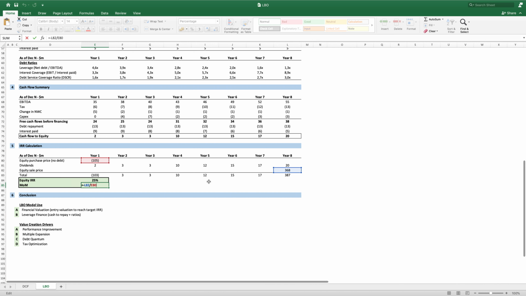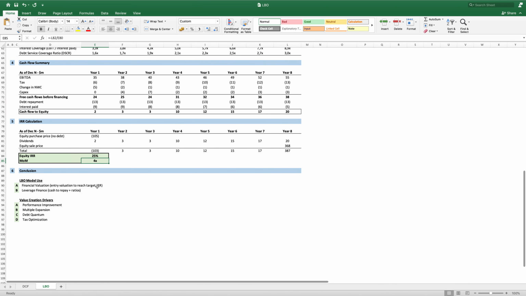It is the multiple or the ratio between what the financial sponsor has put at the beginning when it had purchased the company, and the financial proceeds that it gets when it sells the company. So here we see that the financial sponsor would make 4 times the money it has injected when it purchased the company. So that's it.